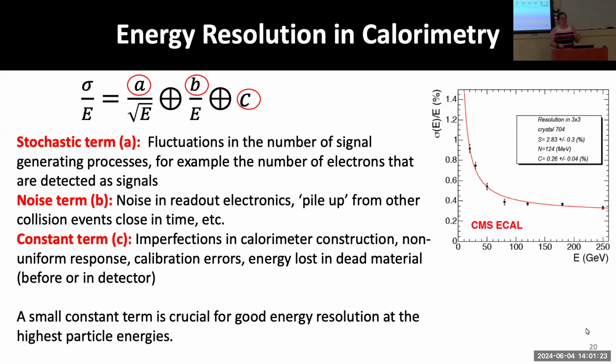But this all adds to this C, and you also want this to be as small as possible. And so the small constant term is something that we can beat down as well. In general, this is from the CMS electromagnetic calorimeter, where you can look at the resolution versus energy. You can see the resolution improves as you go up in energy.